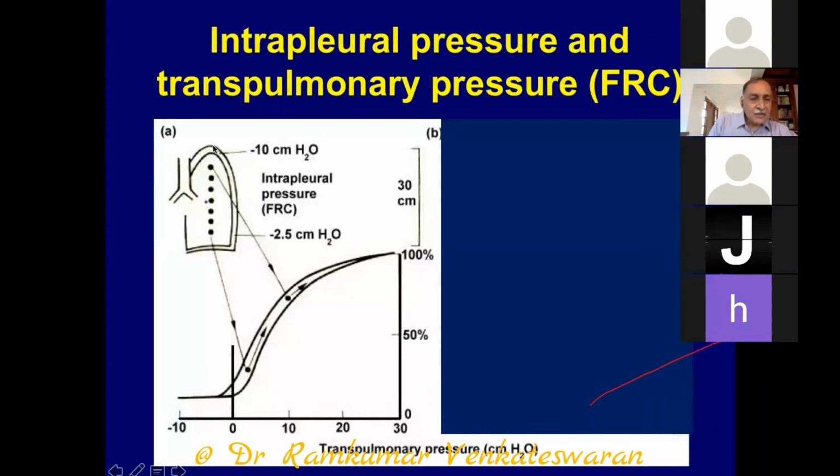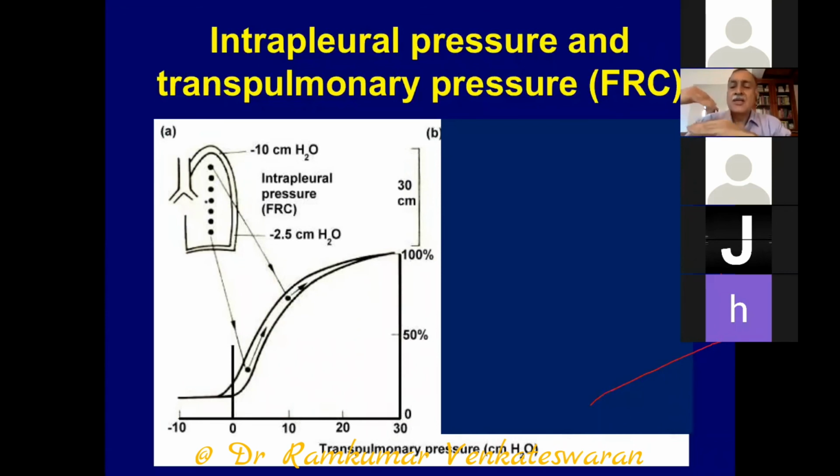The height of the lung from the topmost portion to the bottommost portion is 30 centimeters in most average adults. And when you look at the density of the tissue, because it's air filled, it's not like the liver, which is hard, which is solid.